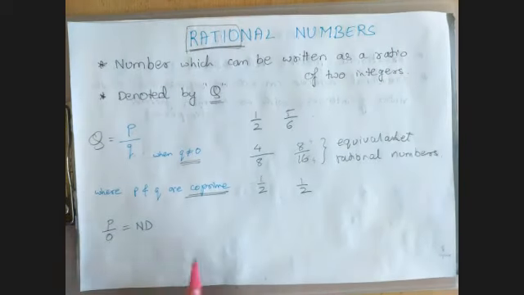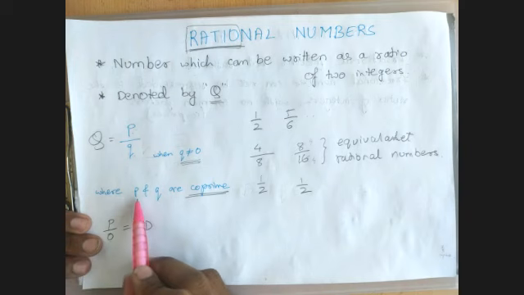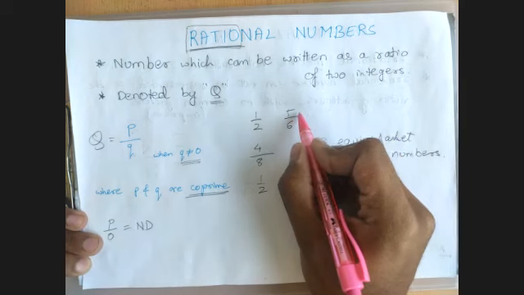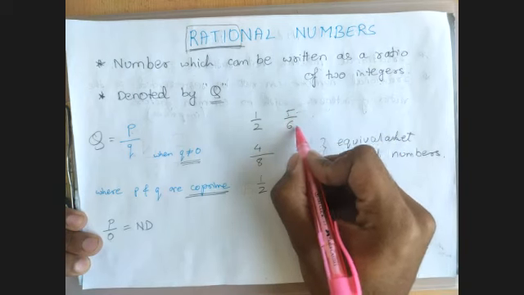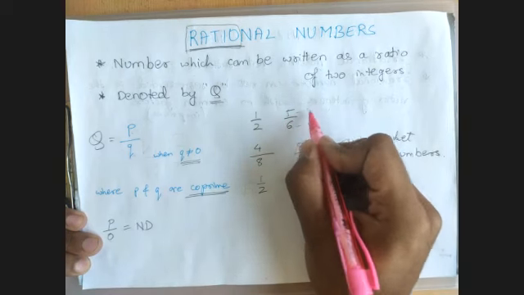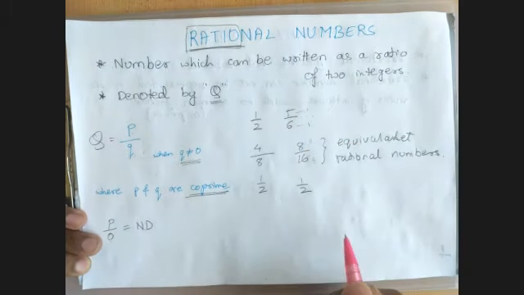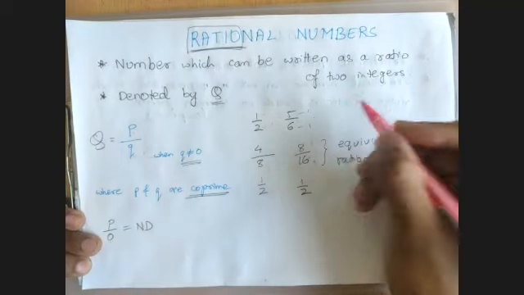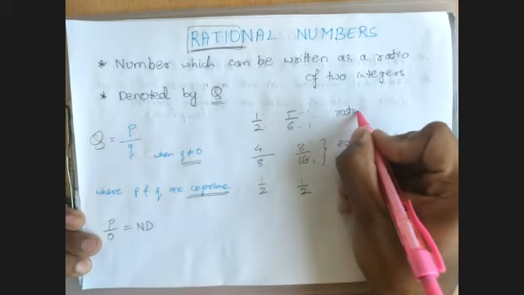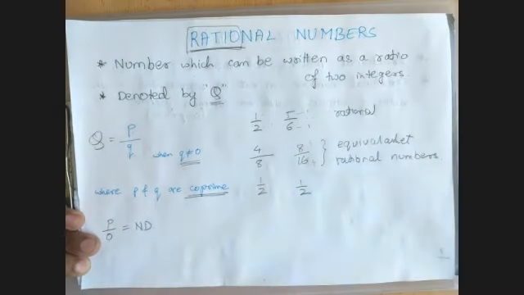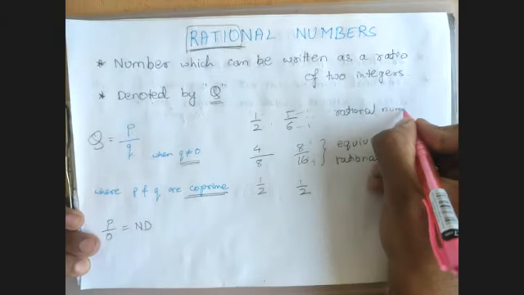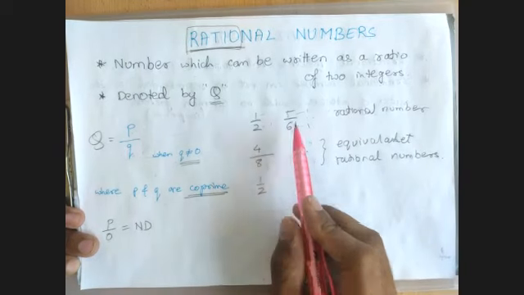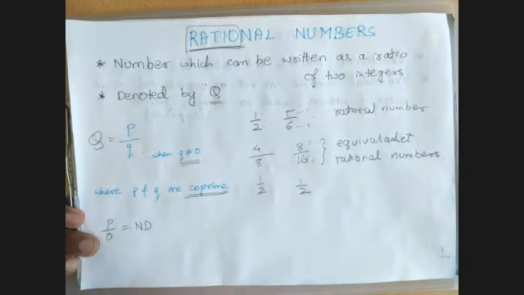That is why while writing that, we also write that p and q should be co-prime. That means the common factor for 5 and 6 should only be 1. There should be no other common factors. Like for 1 and 2, only 1 is the common factor. So this is a rational number. But the multiples of these are called equivalent rational numbers.